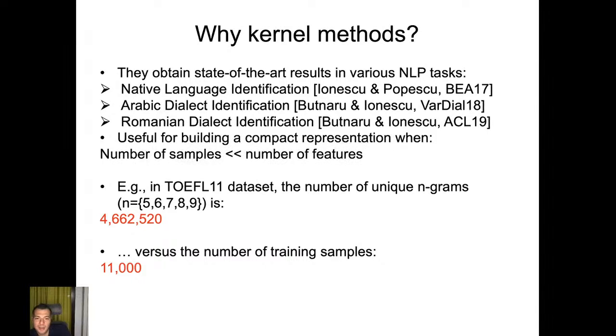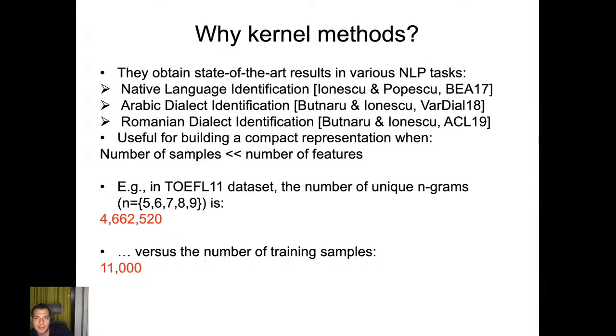The matrix X in the primal form will have 11,000 by 4 million components. It will be a very large matrix that we have to make room for in our memory.